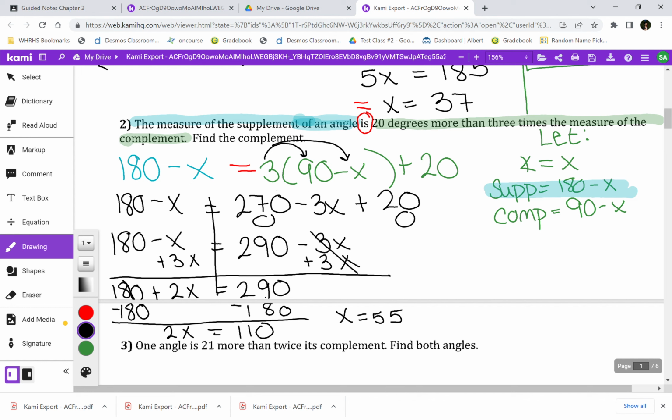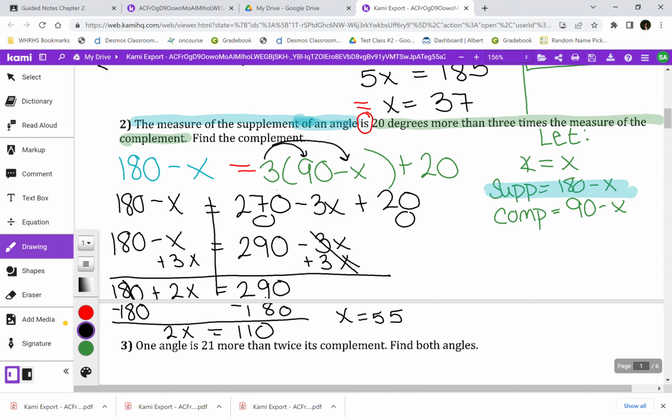Is it the complement? Could be. No. Angle. The angle, very good. It is the angle. 55 represents the angle. If I said, find the angle, would we be done? Yes, sometimes I will say find the angle, but I didn't. I said find the complement. So how am I going to find the complement if the angle is 55?